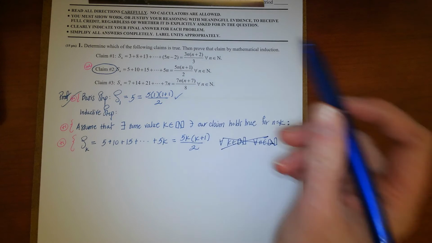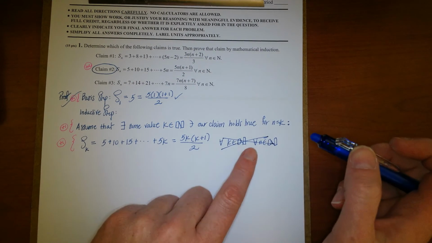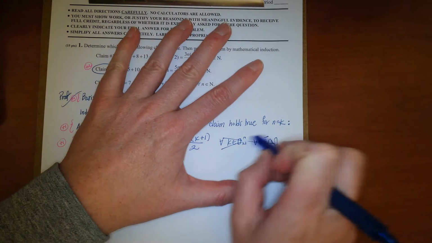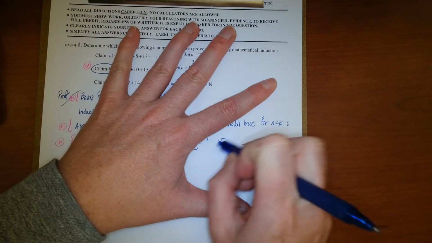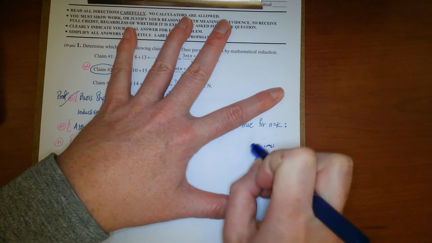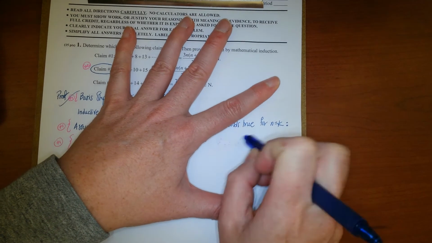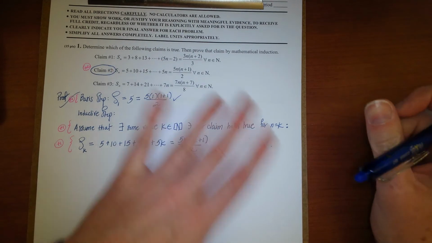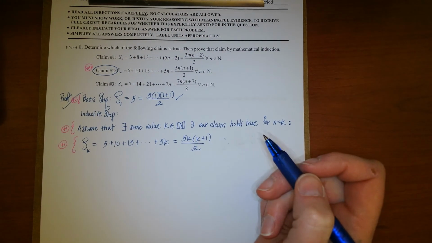That is what we're trying to prove. So you would miss a point if you say one of these things next to this line, okay? And some people don't think it's a big deal, but it actually is. It would be evidence that you're still not clicking with the theory behind mathematical induction.